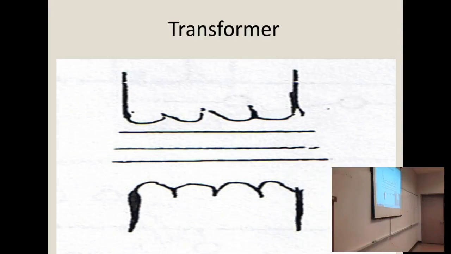If it steps up, if the ratio goes up, let's say I had 1,000 wraps here, and on this side, 100 wraps of the same diameter of wire. That's a ratio of 10 to 1, right? 1,000 to 100.